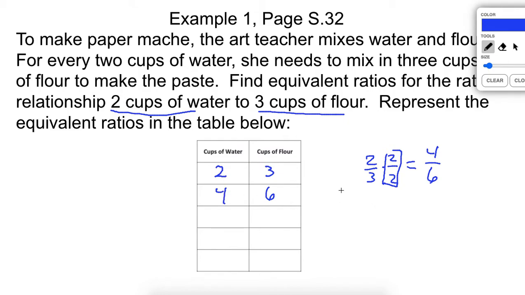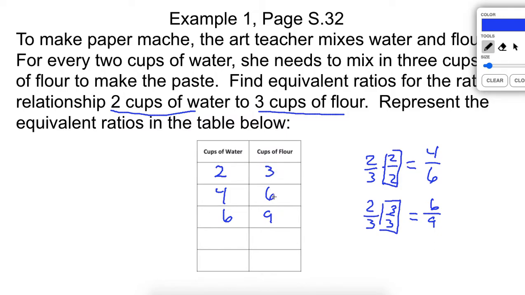Now, if we do that same thing and we take 2/3 and multiply it by 3/3, we would get 6/9. And that's another equivalent ratio, 6/9. But notice, 6/9 is just if we add 2 to 4 and 3 to 6, we would end up with 6/9.